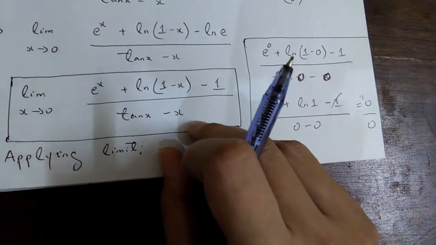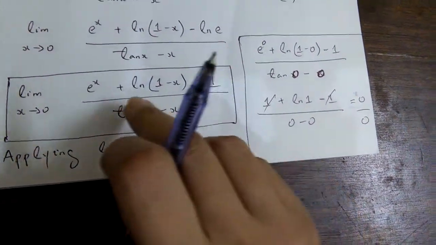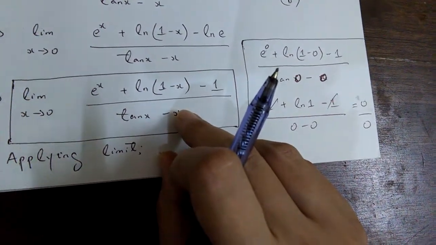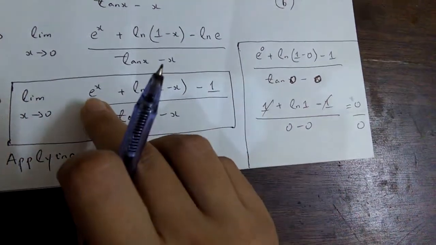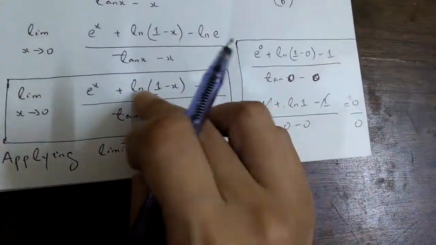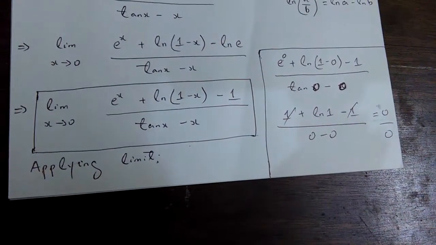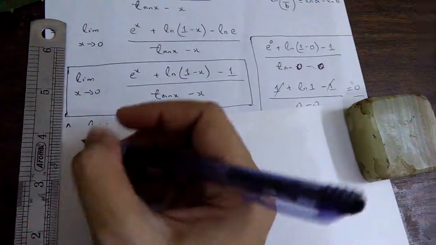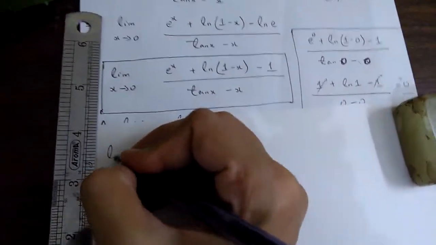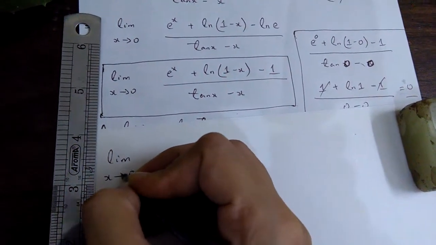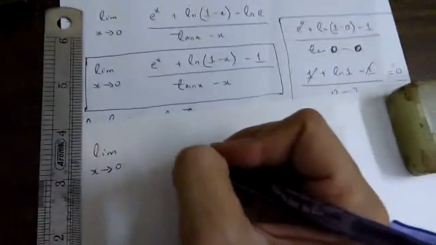Now comes the tool of L'Hopital, that we are going to differentiate the numerator and the denominator one after another. Let us differentiate these functions and see what we get. I just preserve my limit right now. Take it in the sense that you haven't applied the limit yet.